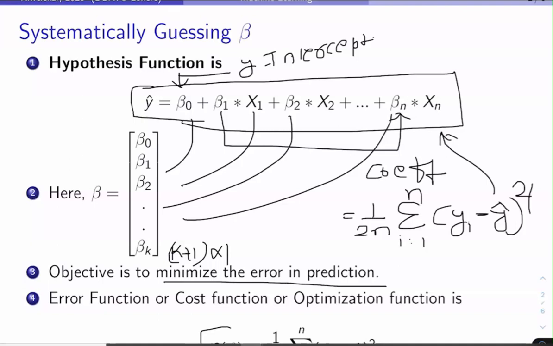If we substitute the hypothesis function in this equation, it is in terms of beta, so the error is a function of beta.